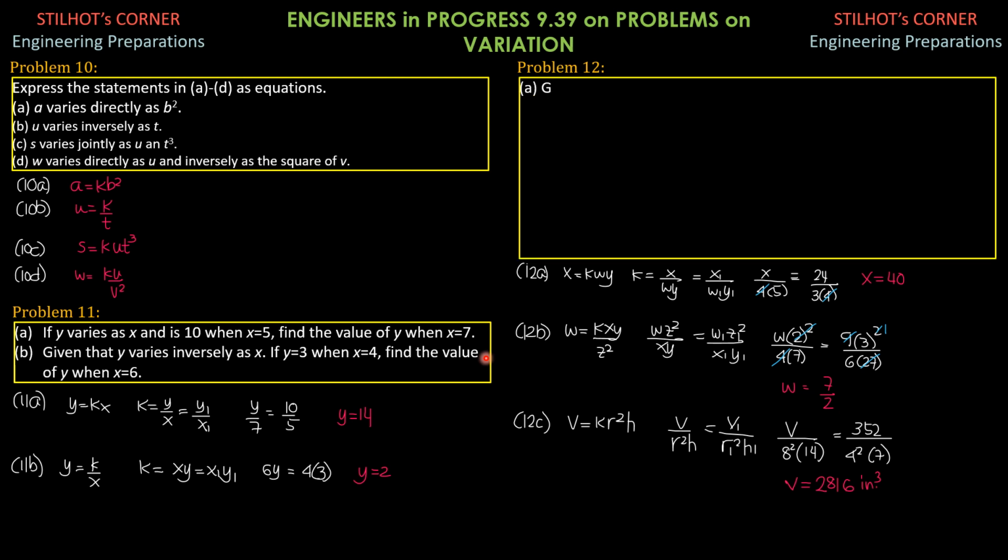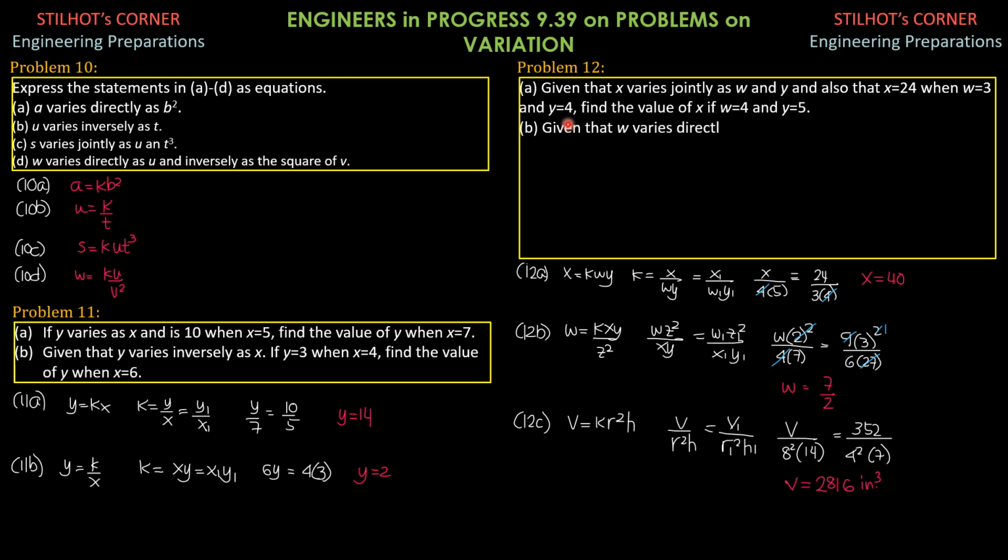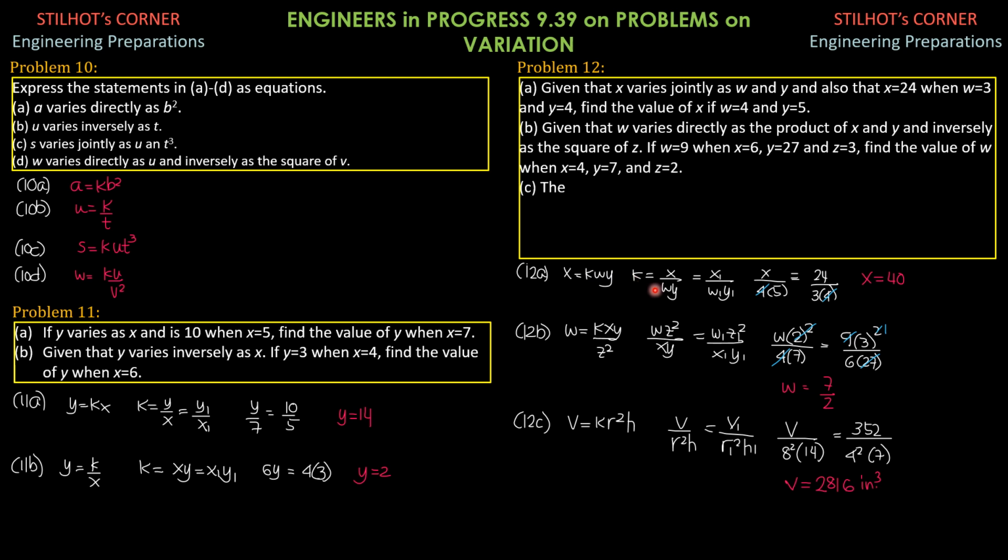Then lastly, problem 12, part A, given that x varies jointly as w and y, and also that x is 24 when w is 3 and y is 4, find the value of x if w is 4 and y is 5. So the formula is x equals constant of proportionality times wy. So solving for k, x over wy equals x1 over w1 y1.